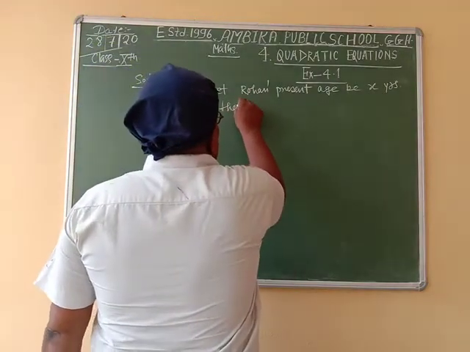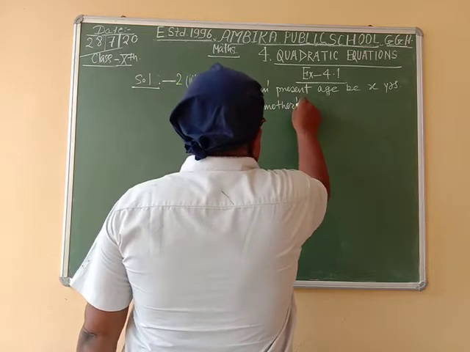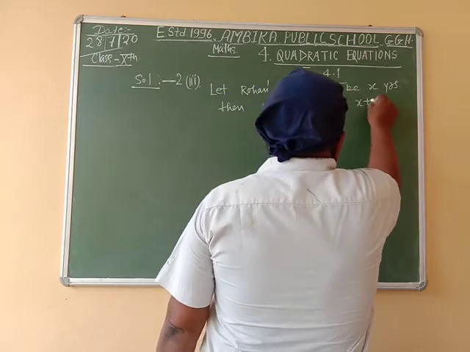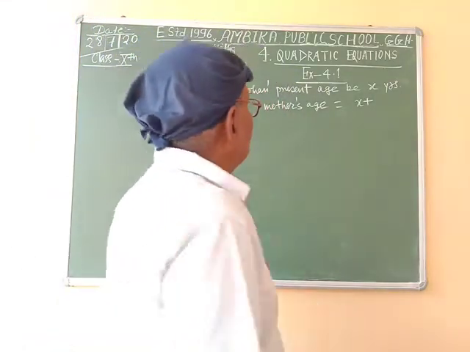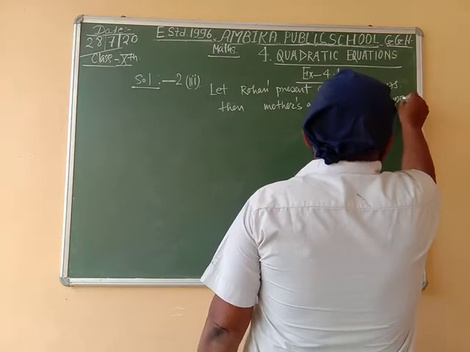Then mother's age is equal to x plus 26 years.